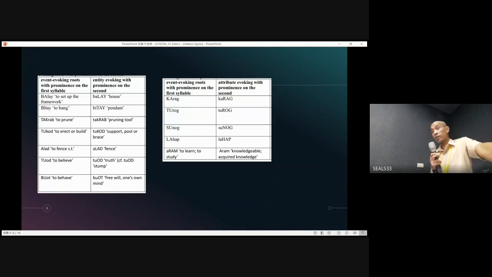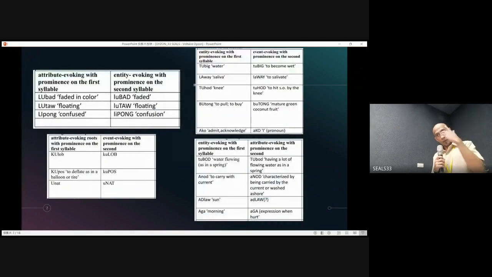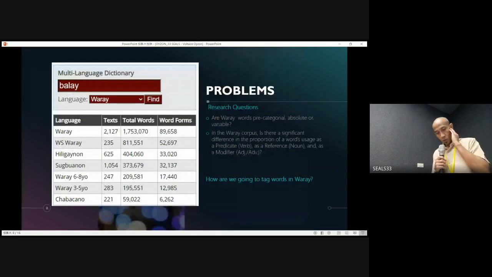And then we also have event-evoking roots with prominence on the first syllable, and then they can shift to attribute-evoking roots with prominence on the second syllable, like karag and karag, turog and turog, sunog and sunog, and so on.